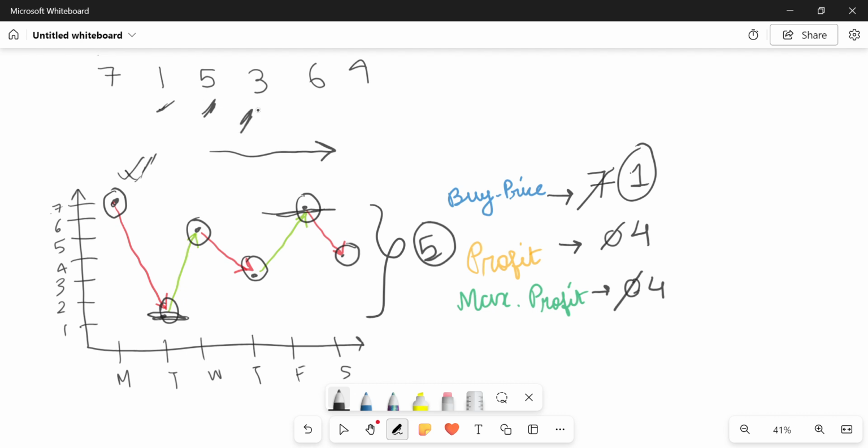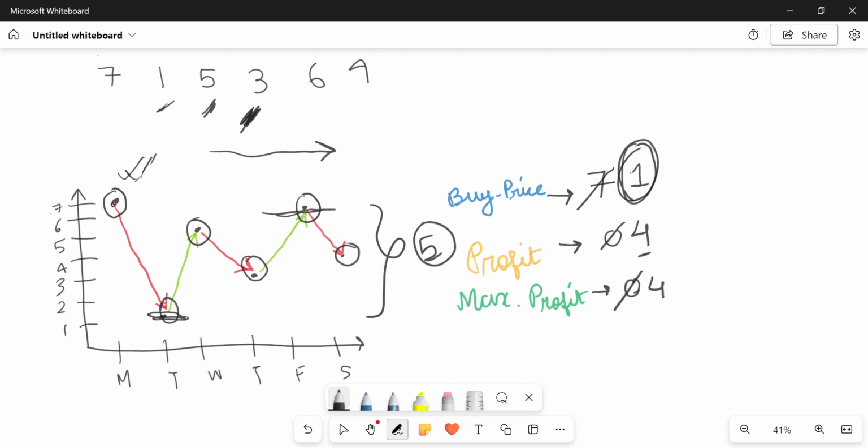Then 3, but again we are sitting at the buying price of 1 and we need something less than the current buying price, and in this particular array we won't be seeing that, so this does not get updated. When the price of the stock is 3, we see that 3 minus 1 is 2, but we have a better profit mapped, so we are not doing anything about it.